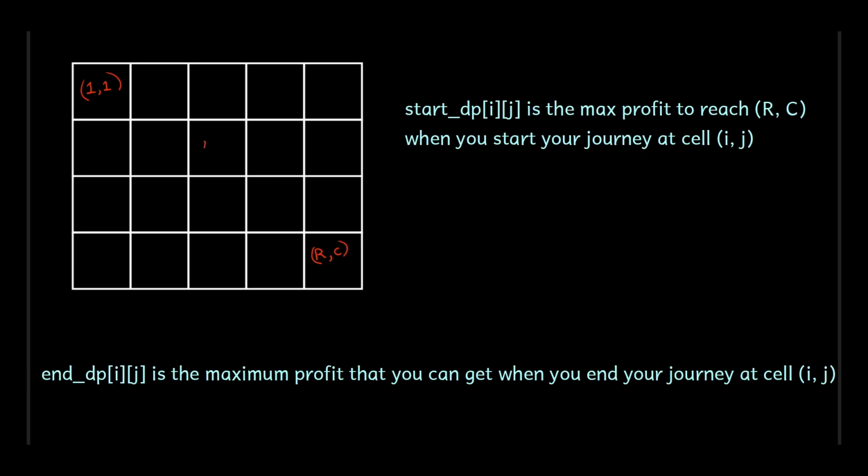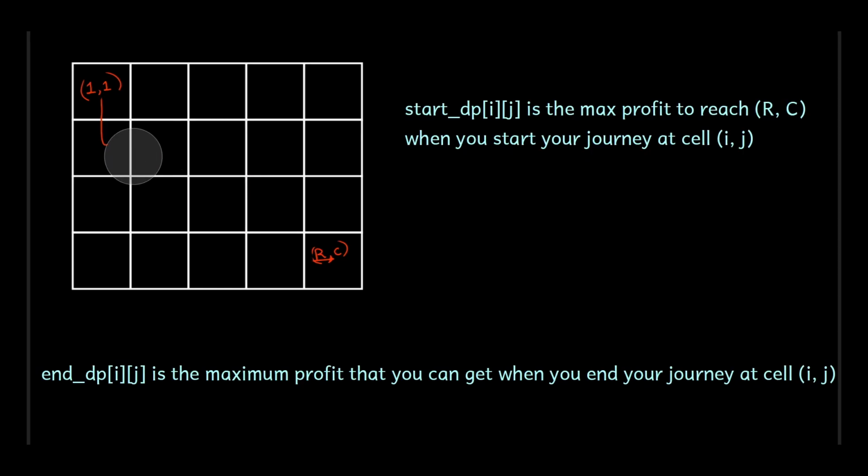Suppose this cell is I comma j. So I tell you that there are multiple possible paths that can exist on this grid that lead from this to this, but you have to only consider the paths that cross through this vertex and then eventually reaches here. So can you find out the maximum profit that crosses any given path for sure?